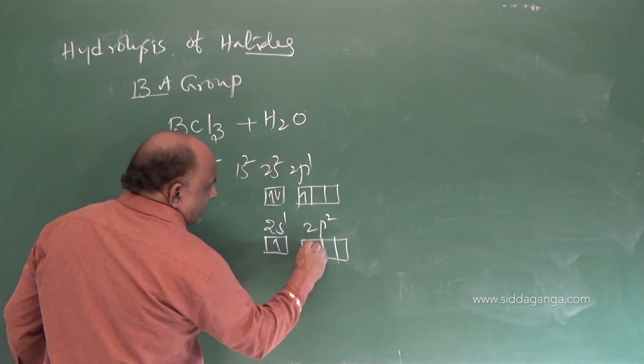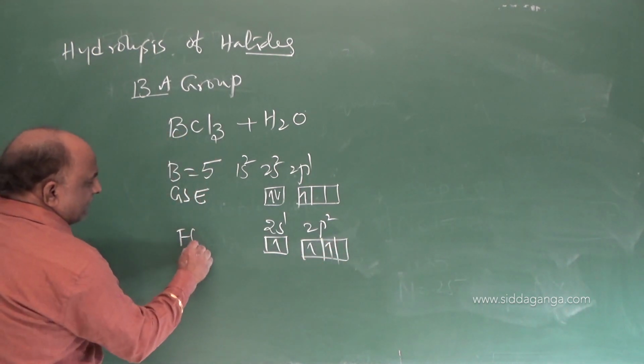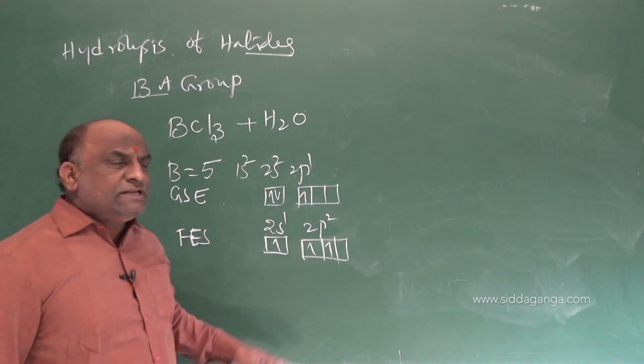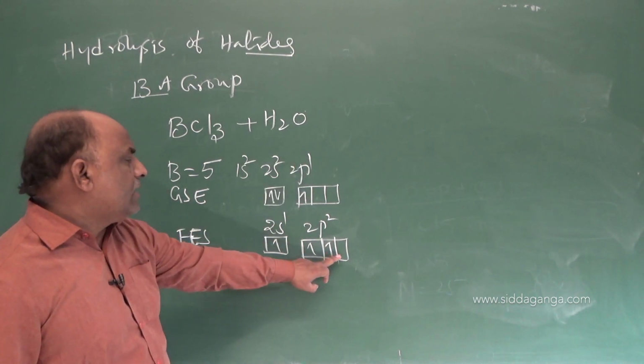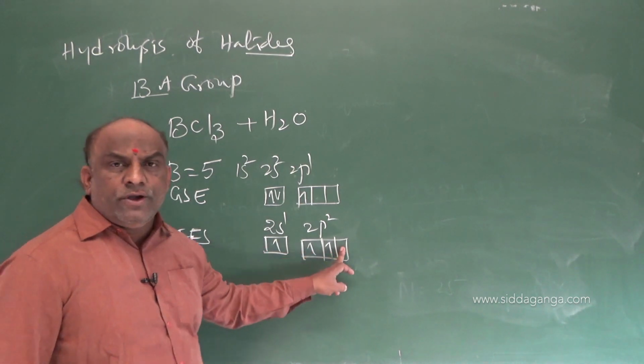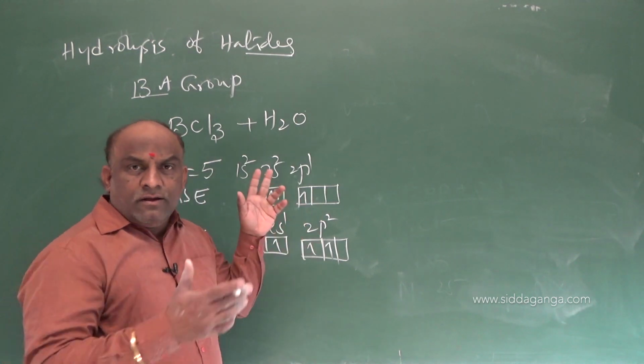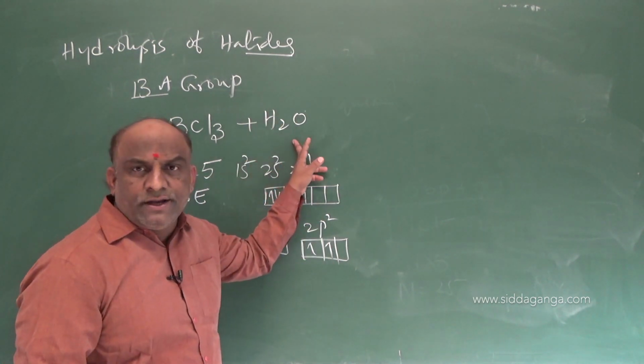This is called the first excited state electronic configuration. The first excited state of boron contains one vacant orbital. So this boron is ready to react with water.